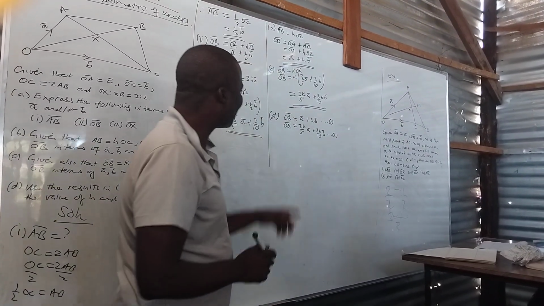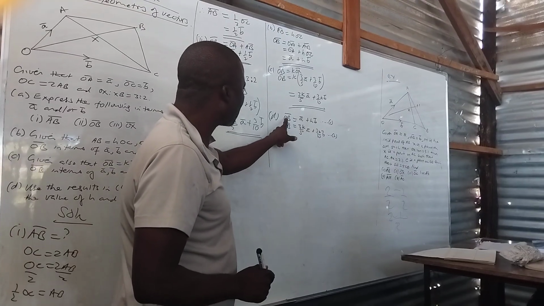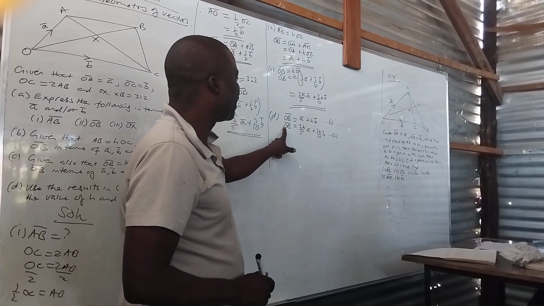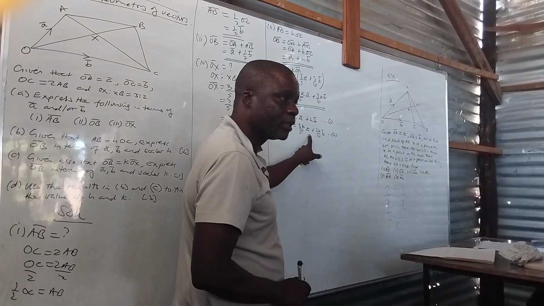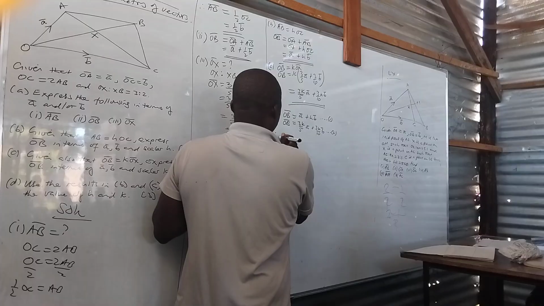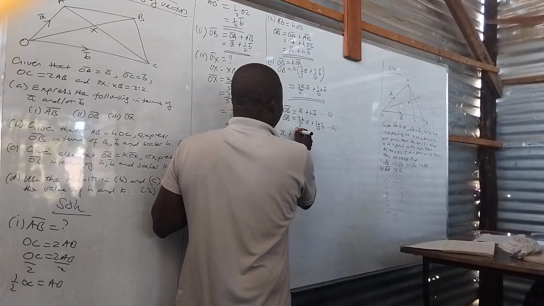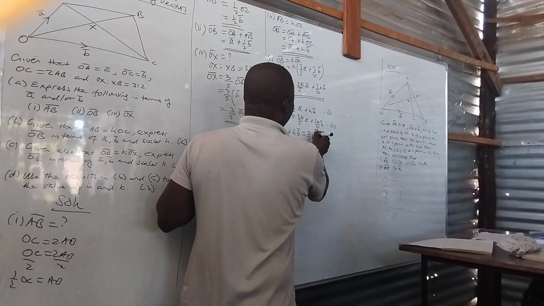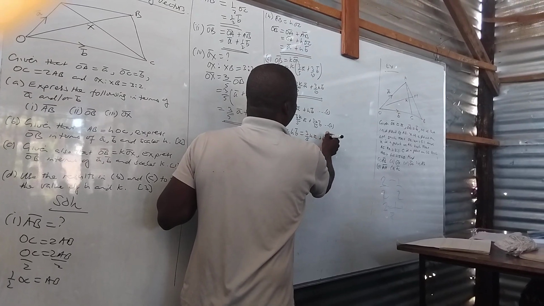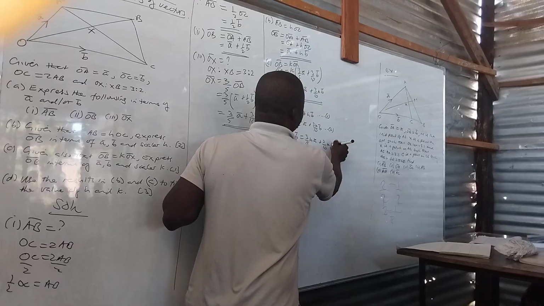But now look, OB is equal to OB. It means this side is equal to this side. Therefore, A plus HB is equal to 3 over 5 KA plus 3 over 10 KB.